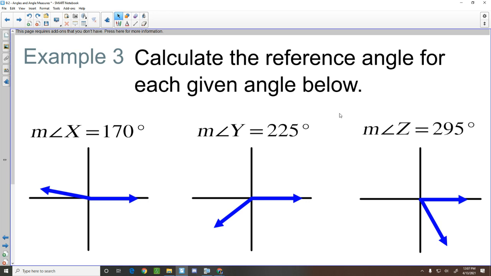And it should be a positive number, and it should be an acute angle, so a number less than 90 degrees. What is the reference angle for each of those? You're just comparing how far away each of those terminal sides is from the x-axis.